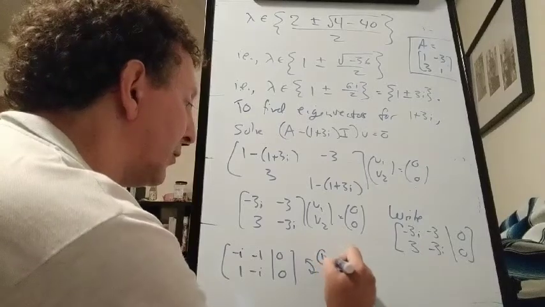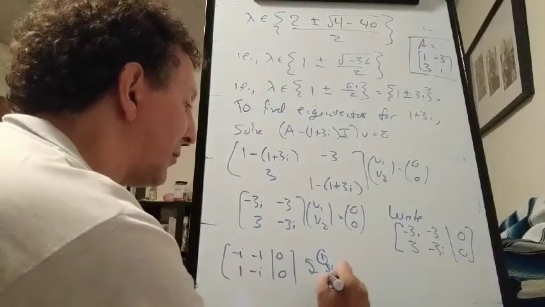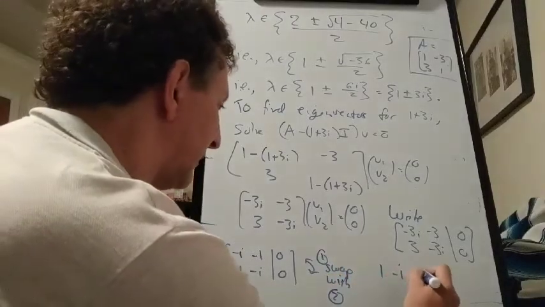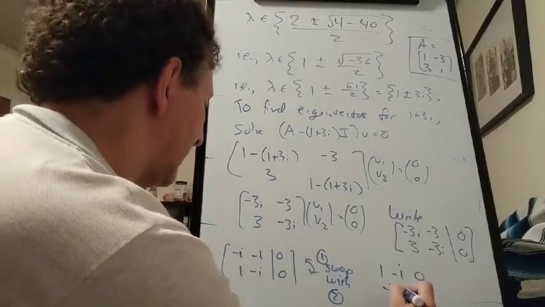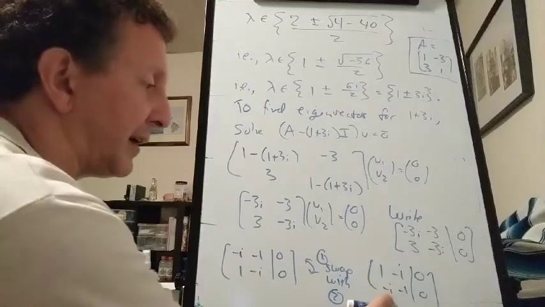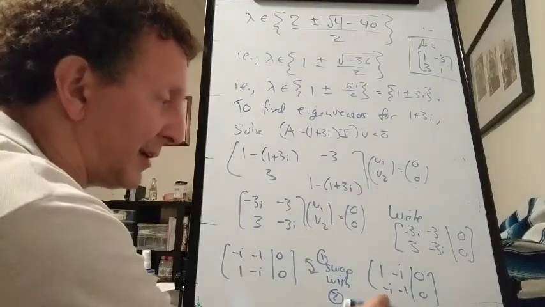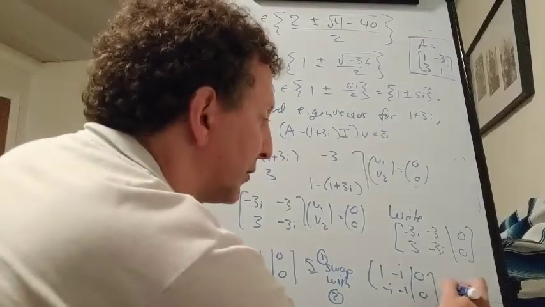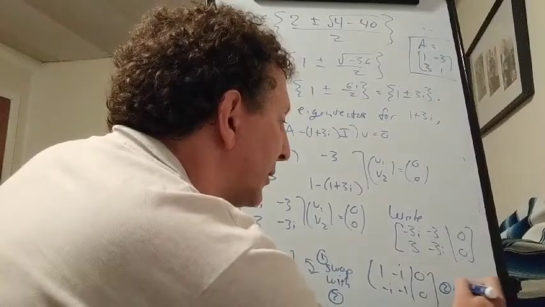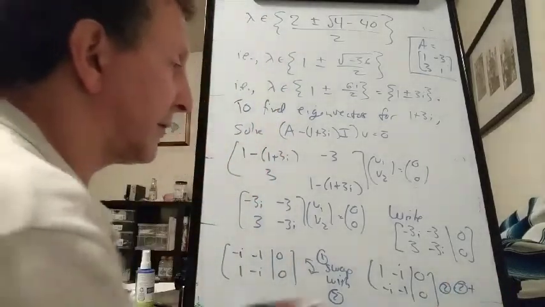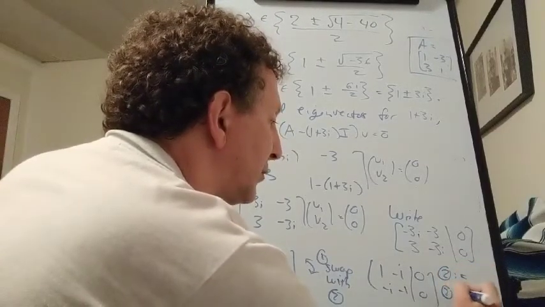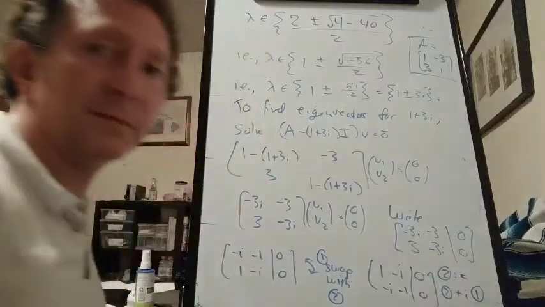So row 1 swaps with row 2, and we've got 1, negative i, 0; negative i, negative 1, 0. And then to get rid of the negative i here, let's add i times the first row to the second row. So row 2 becomes row 2 plus i times row 1.